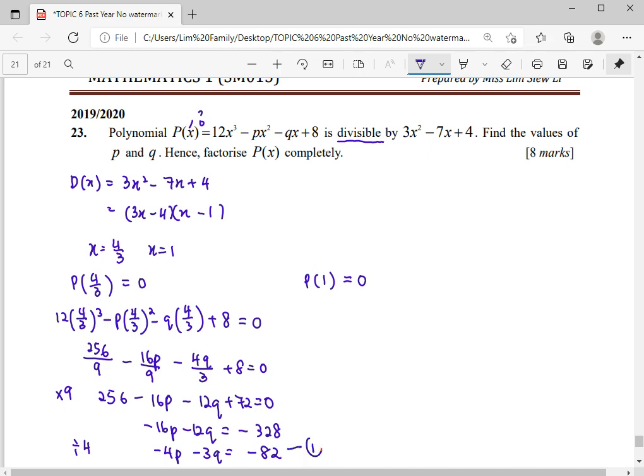So this will be our first simultaneous equation. We continue for another divisor here. Our divisor x minus 1. So the x value is equal to 1.